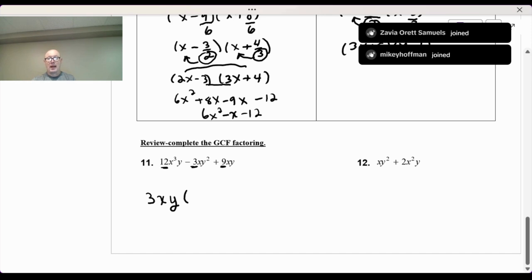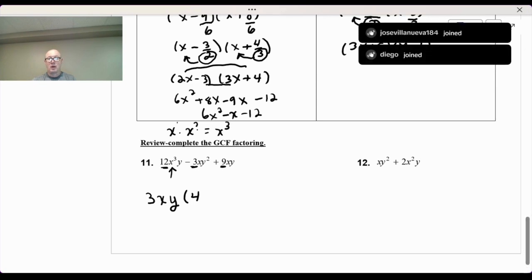So now what do I need to multiply by 3xy to get 12x cubed y? Well, I know I need a 4 because I need 3 times 4 to be 12. So what do I need to multiply by x to get x to the third? Well, by our law of exponents, x times x to what power equals x to the third?